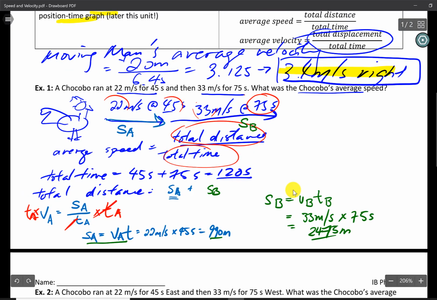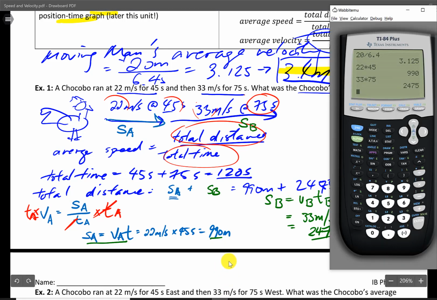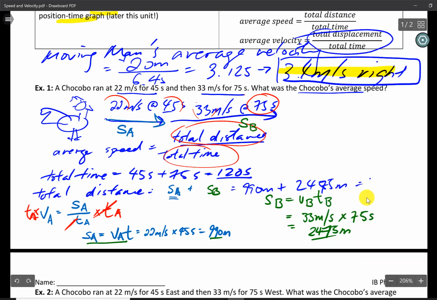So let's do this step by step. For SA, we have 990 plus 2475, giving us 3465. That's our total. And we have our total time, total distance.